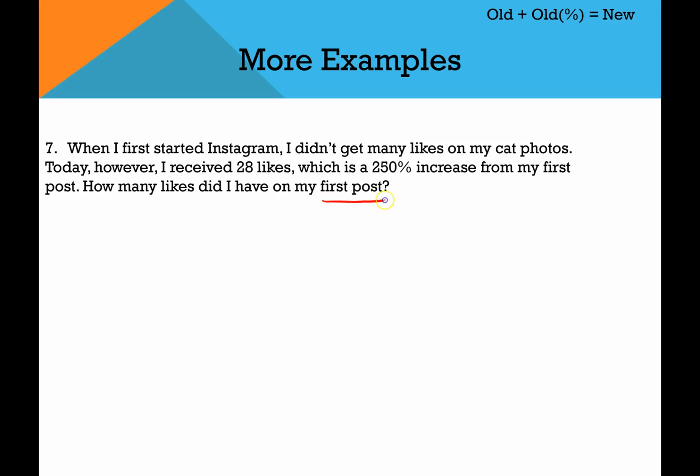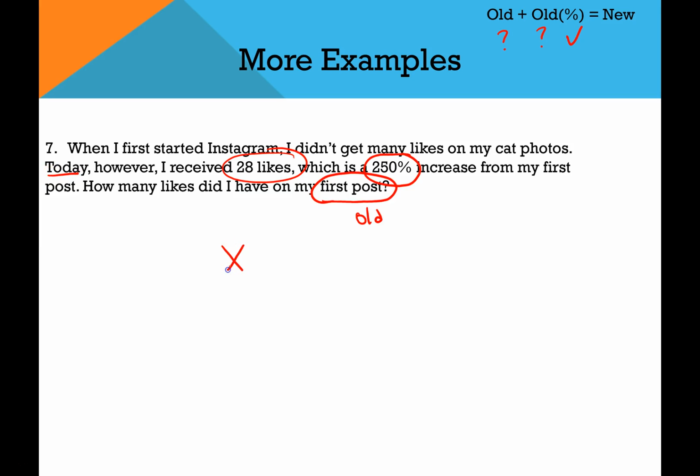Okay, my first post is my old. That's the old value, so I'm looking for the old because it's asking, well, how much did you have the first time around? That's the old time. We've got our percent at 250%, and we have our new value because I just got 28 likes today.